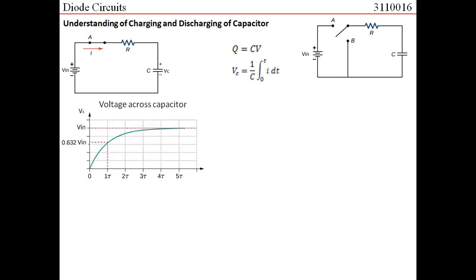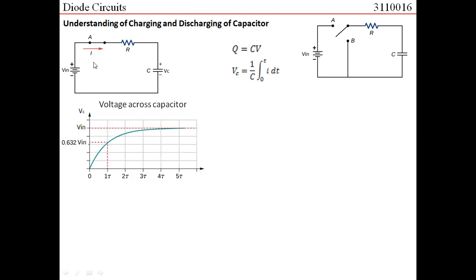So if we try to see, then the voltage across the capacitor would increase exponentially. And to what value would the voltage increase? The voltage would increase to the value equal to the supplied voltage, Vin. So slowly, the voltage across the capacitor would reach Vin.